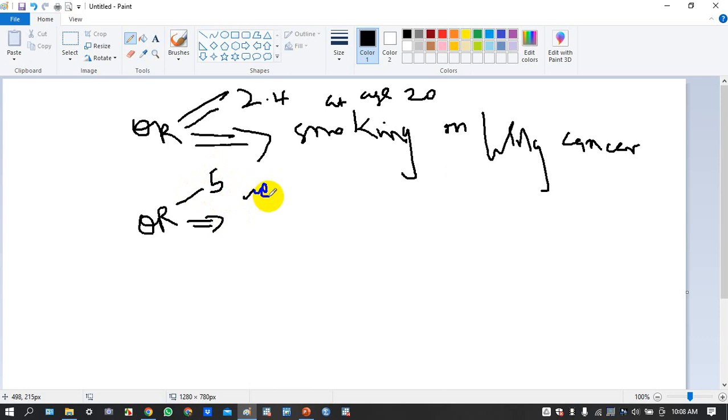At age 40, when you smoke at 40 years, your risk of getting lung cancer will increase to fivefold, from 2.4 to 5. Then at age 70, you are killing yourself.